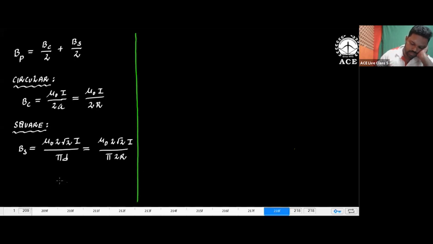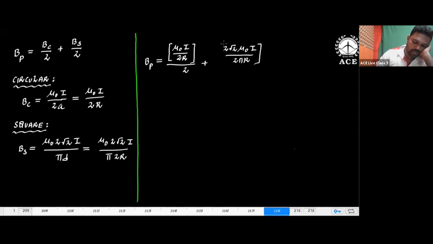Now just substitute the values there. BP is equal to mu naught into I by 2R, divided by 2, plus 2 root 2 into mu naught into I by 2 pi R, divided by 2.